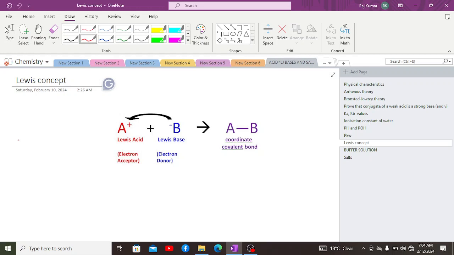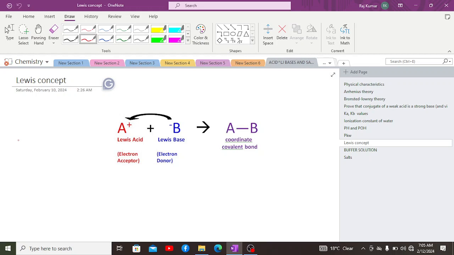Non-metals such as nitrogen, oxygen, and fluorine, whenever they form a bond, basically act as bases because they possess lone pairs. And whenever metals are involved, metals basically act as Lewis acids.